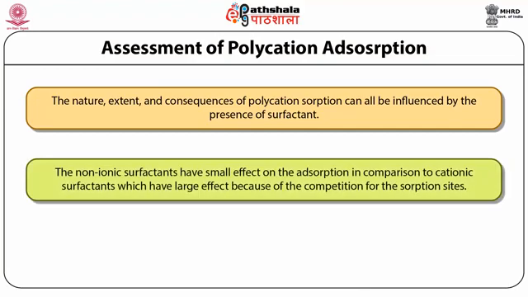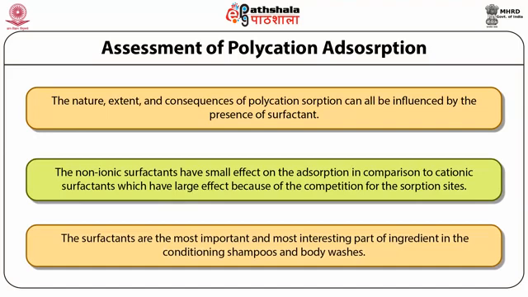The non-ionic surfactants have a small effect on the absorption in comparison to cationic surfactants, which have large effects because of the competition for absorption sites. Surfactants are the most important and most interesting ingredients in conditioning shampoos and body washes.